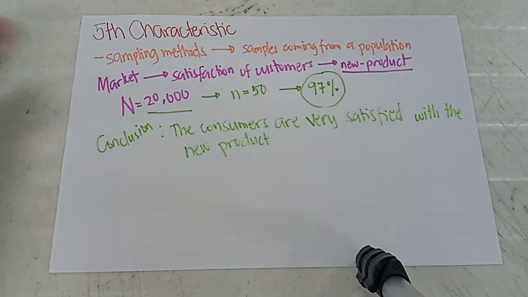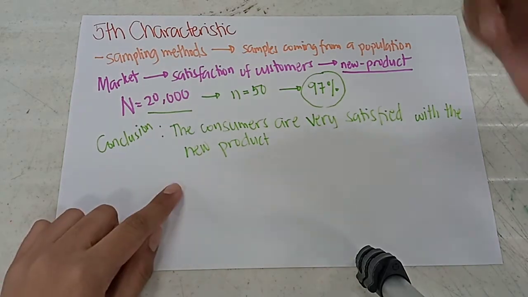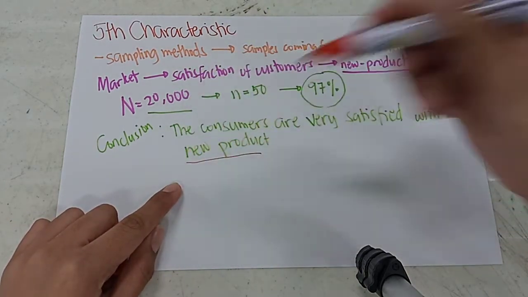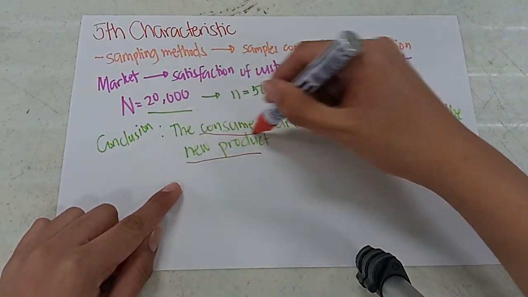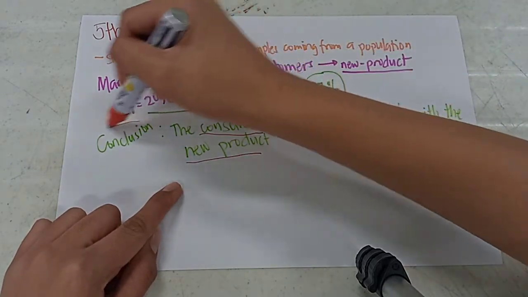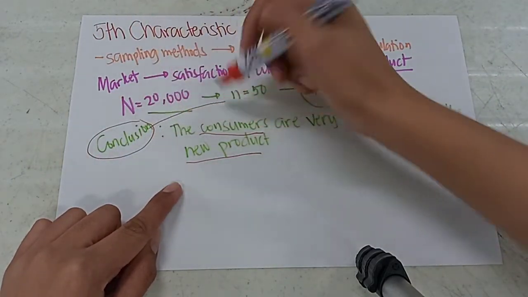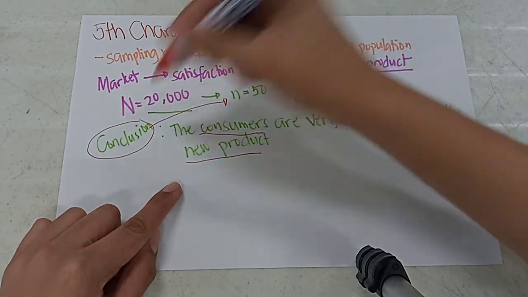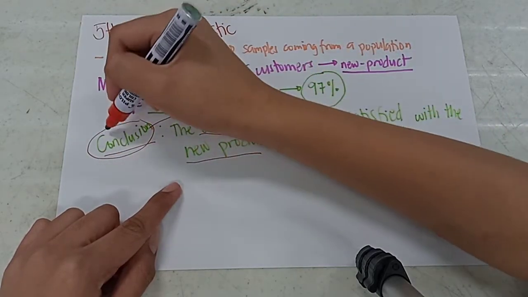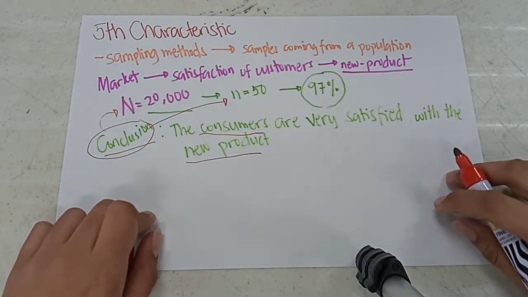Meaning to say, the researchers who conducted the survey research concluded that the new product satisfied the consumers. But actually, this conclusion is only based on the sample, and it was also applied to the whole population of the customers.